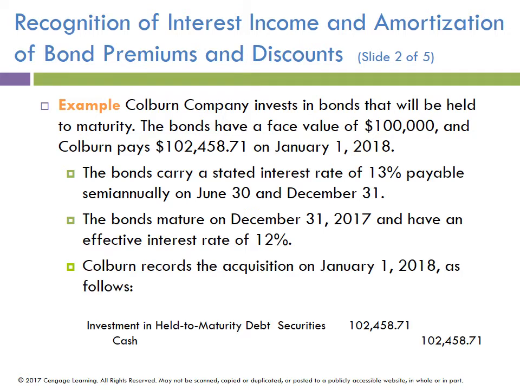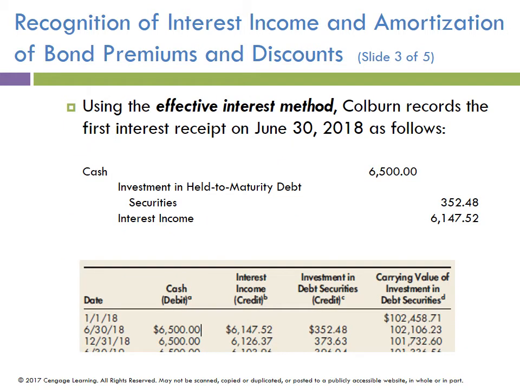The day they buy the bonds, they will debit investment in held-to-maturity debt securities and credit cash. And you can follow along with this in your book if you don't want to be flipping around on the slides, page 13-7. Now, each interest payment date, they will be receiving cash. How much? 100,000 times 13% times 1/2, 6,500.